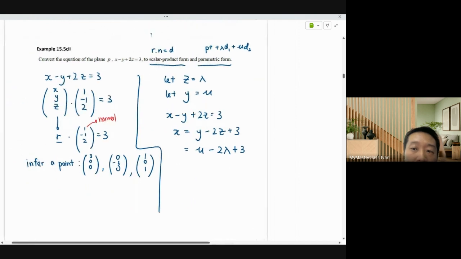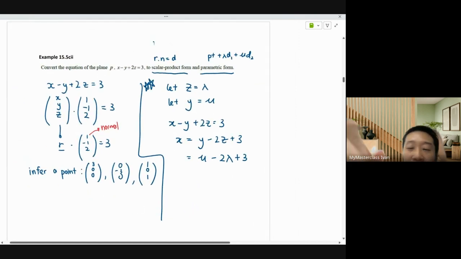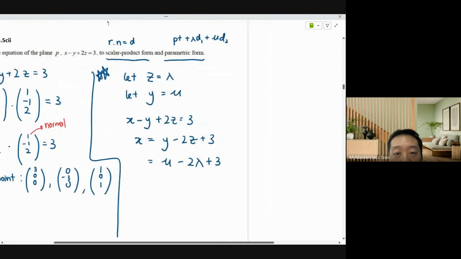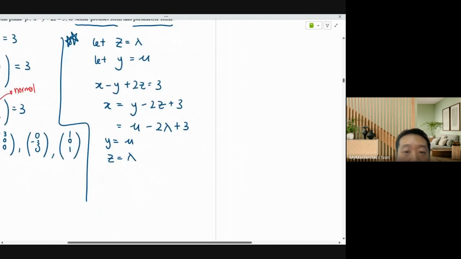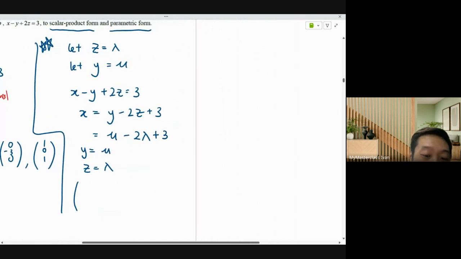This one is hard. Put a star here, but actually they seldom ask. I just put it here first. So y equals mu, then z equals lambda, because I already let them down there. So x, y, z equals, putting it in order, 3 plus mu minus 2 lambda, y equals mu, and z equals lambda.